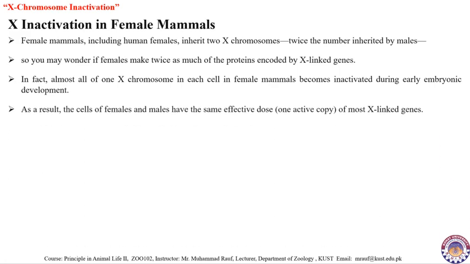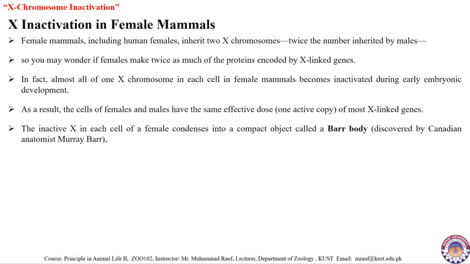As a result, the cells of females and males have the same effective dose. When one X chromosome is inactivated in each and every cell of her body, it means there is only one functional X chromosome in females, just like one in males.